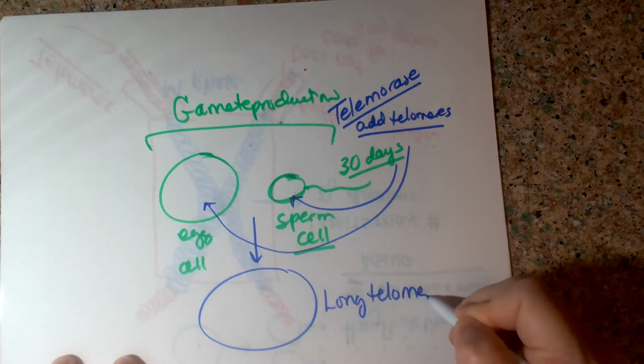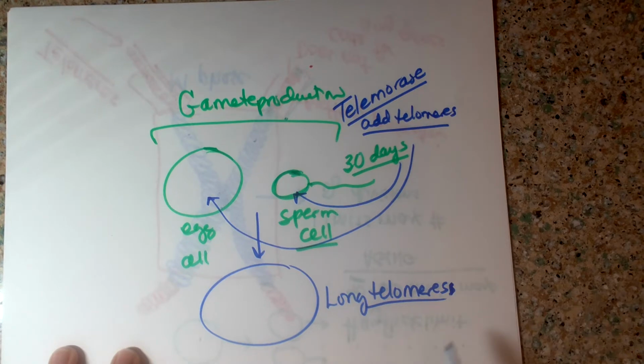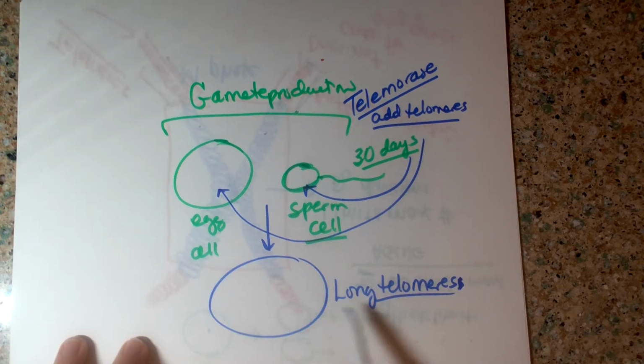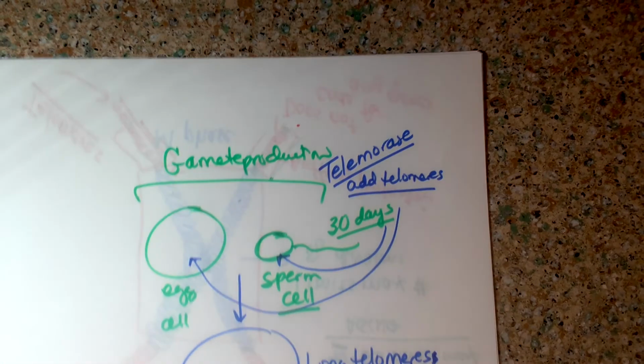Because you want your babies to have the longest telomeres possible so that their cells can divide the maximum number of times. All right, so the enzyme exists, okay?